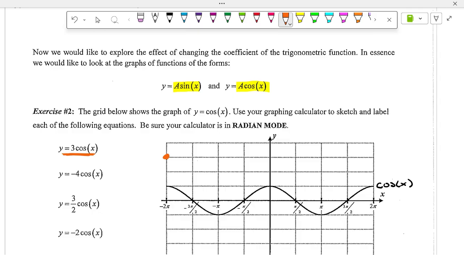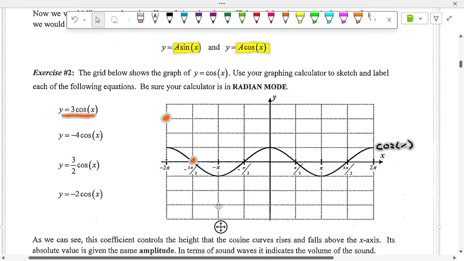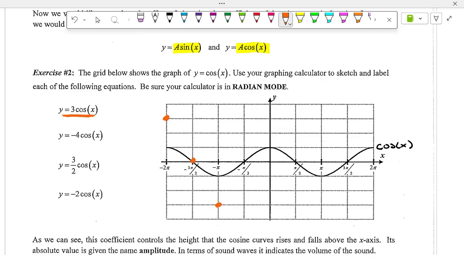What y value? 0. Where is it at negative pi? Negative 3. So right here. Where is it at negative pi over 2? 0. Good. Where is it at 0? So x equals 0. It's at 3.